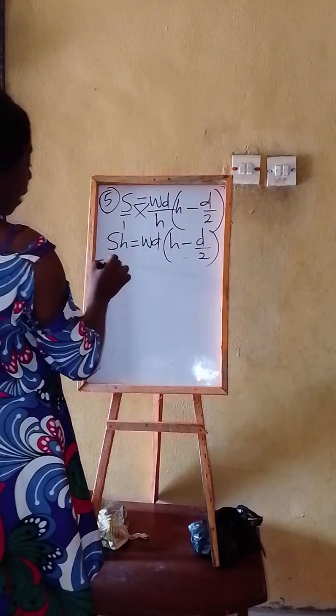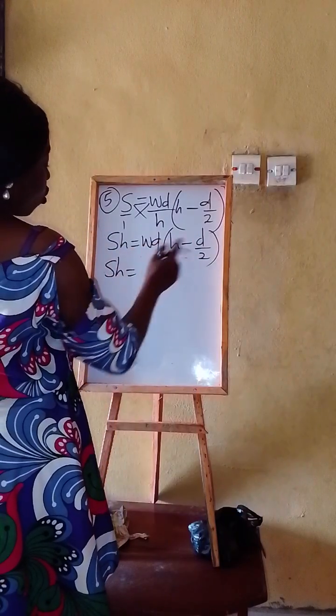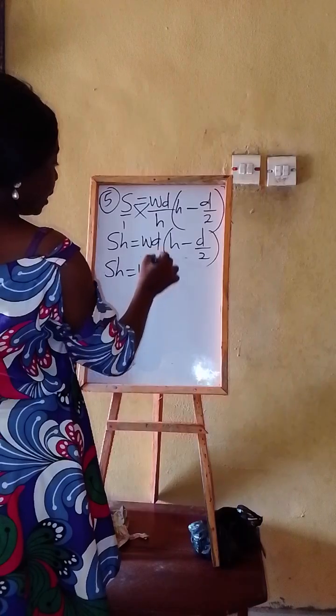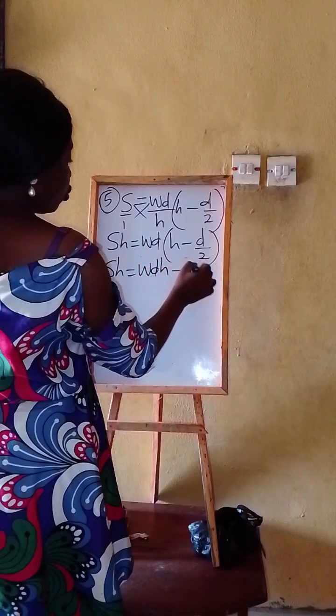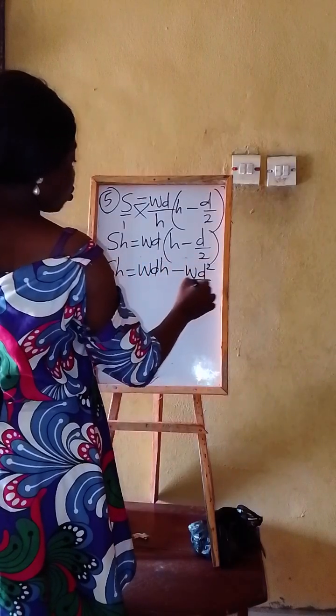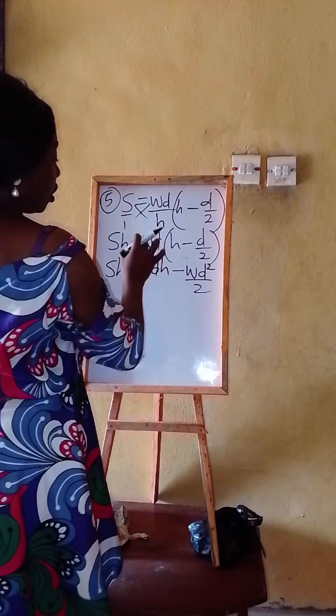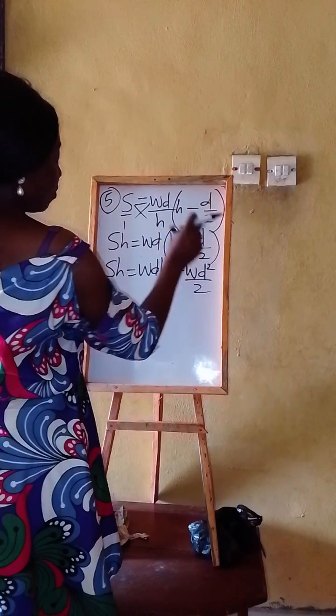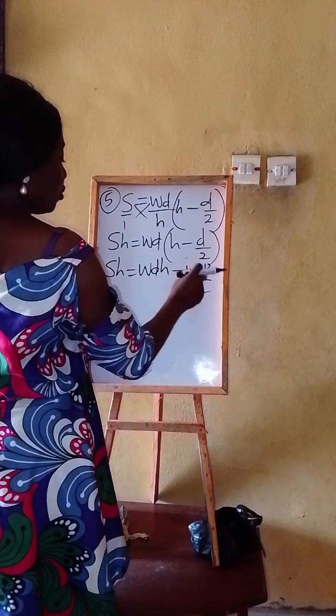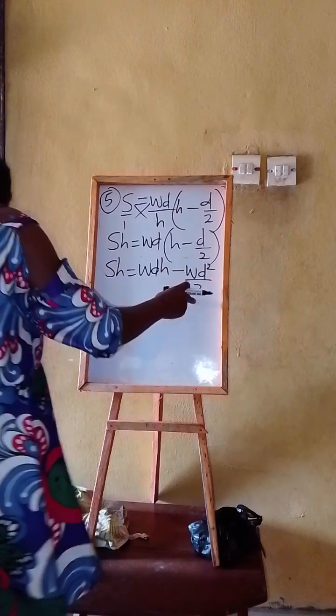So we have SH equals, open this bracket, WDH minus WD squared over 2. WD times H equals WDH. WD times this gives us WD squared over 2.